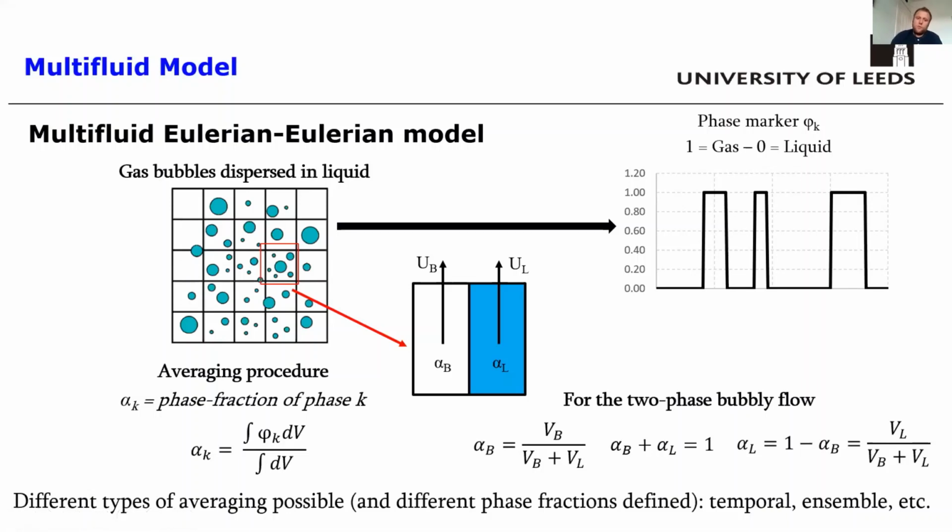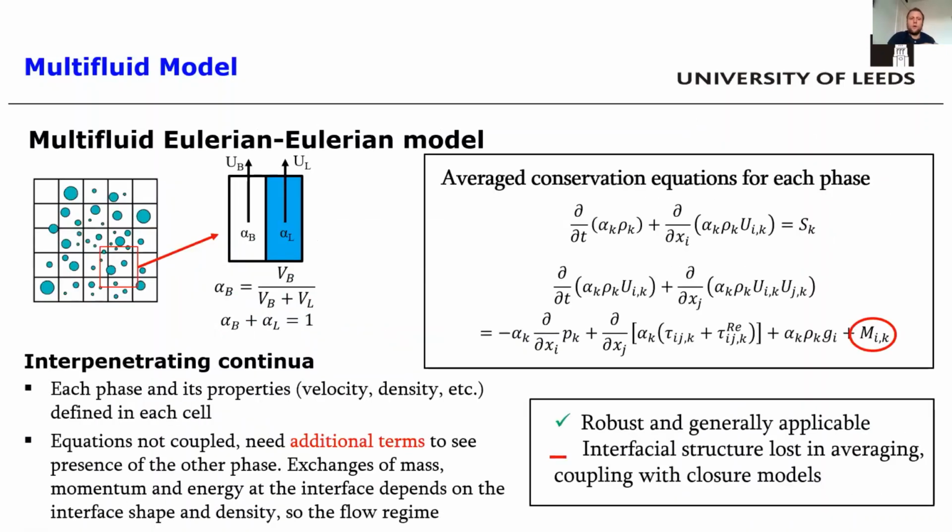So essentially, we derive what is called the concept of interpenetrating continua. We don't have single well-defined bubbles anymore, but we have some gas and some liquid, and each phase becomes present everywhere in the space with its own properties, density and velocity.